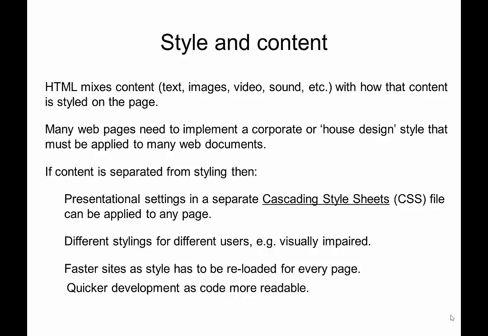So to allow that, a language was created called Cascading Style Sheets. And this is basically a styling language. It's a language that tells the browser how to style the contents of the web pages. So what we do is we store the presentational settings in a separate CSS file that can be applied to any page.